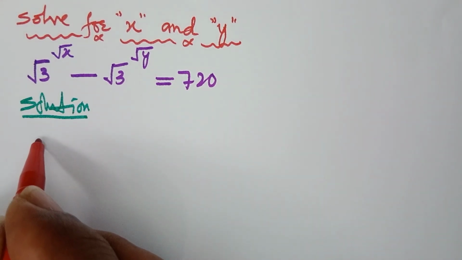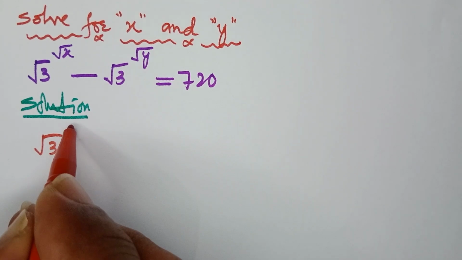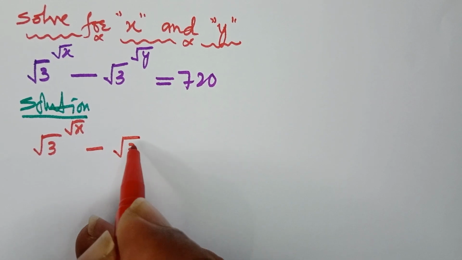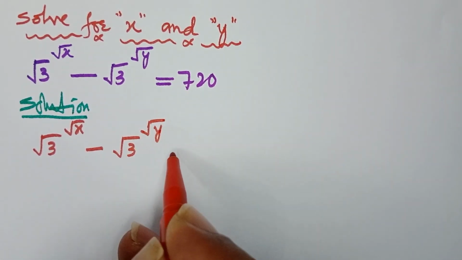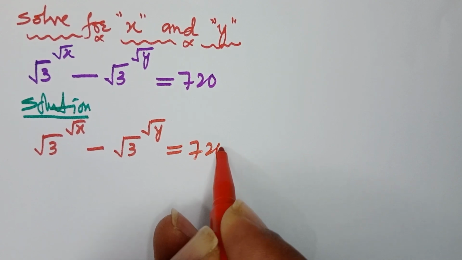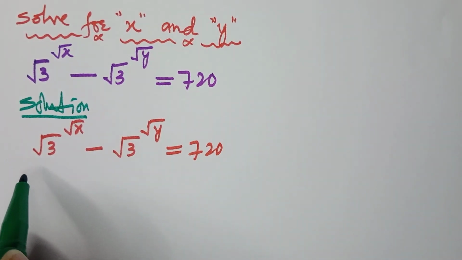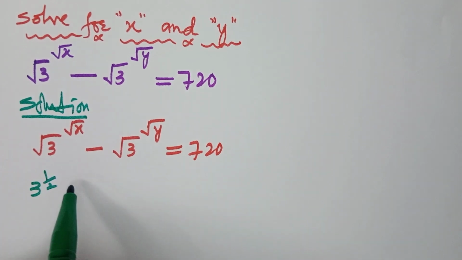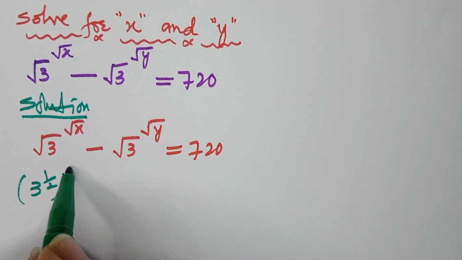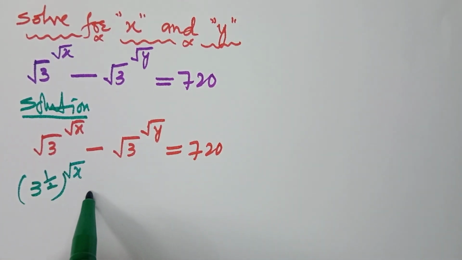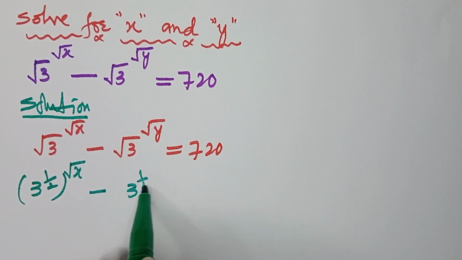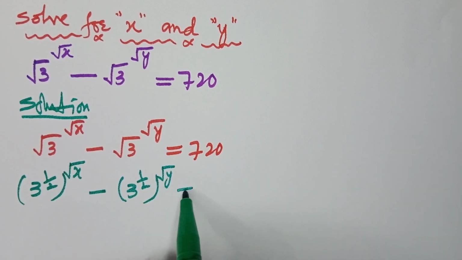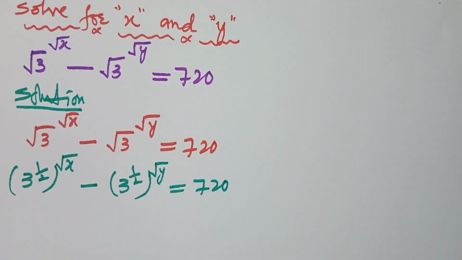Now rewrite the same question. Square root of 3 power square root of x minus square root of 3 power square root of y is equal to 720. Now coming to the next step, we can write it as 3 power 1 upon 2, whole power square root of x, minus 3 power 1 upon 2, whole power square root of y, is equal to 720.